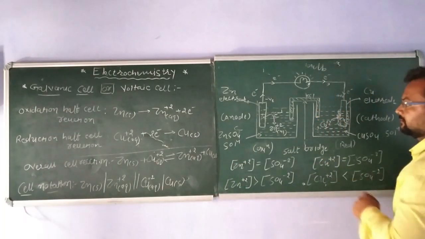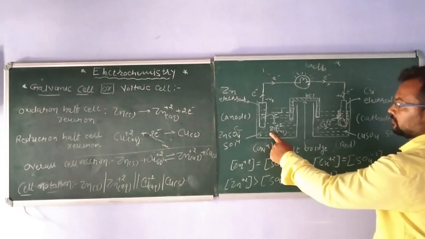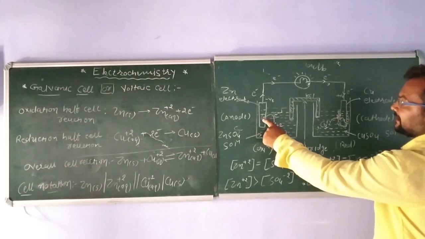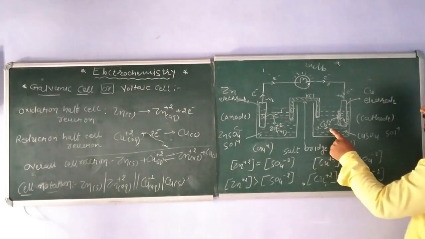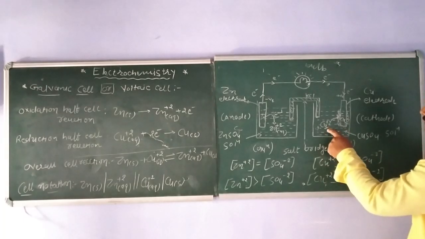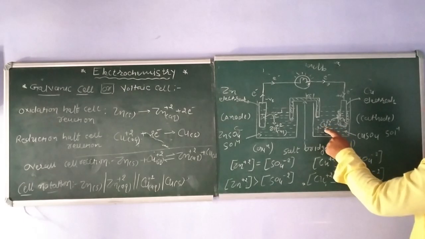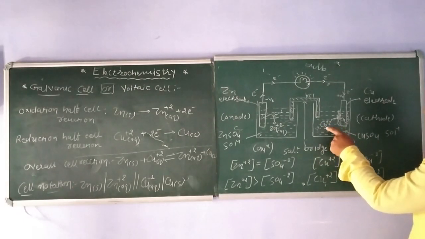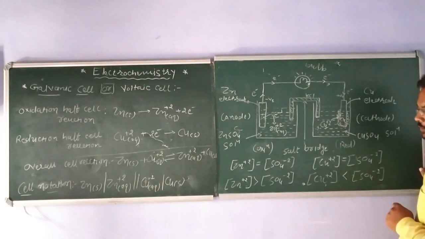Now after some time, the concentration of Zn+2 in the ZnSO4 solution is greater than SO4 minus 2, because Zn is converted into Zn+2. Here, the concentration of Cu+2 in the CuSO4 solution is less than SO4 minus 2, because Cu+2 is converted into Cu as a solid by getting 2 electrons.